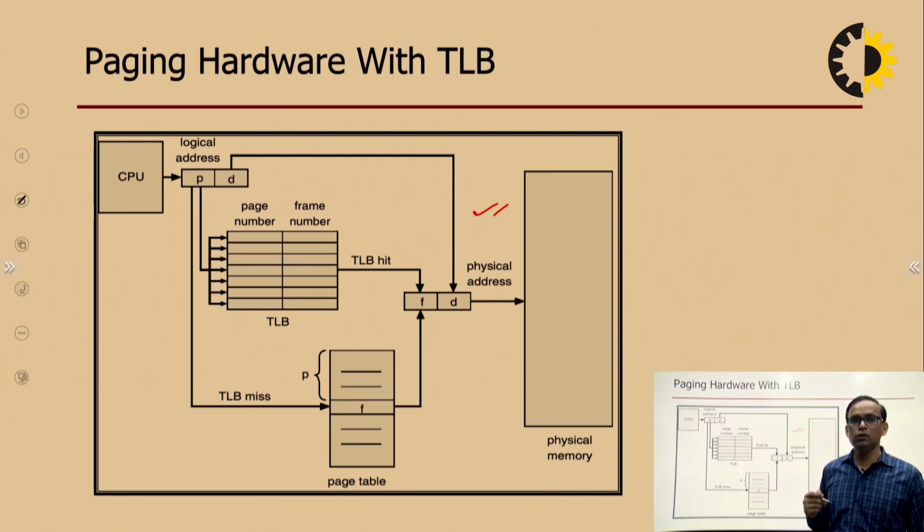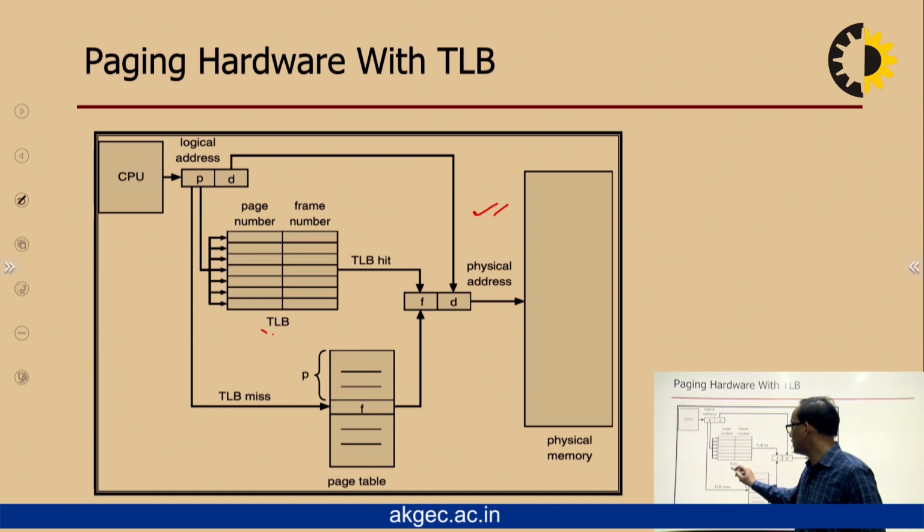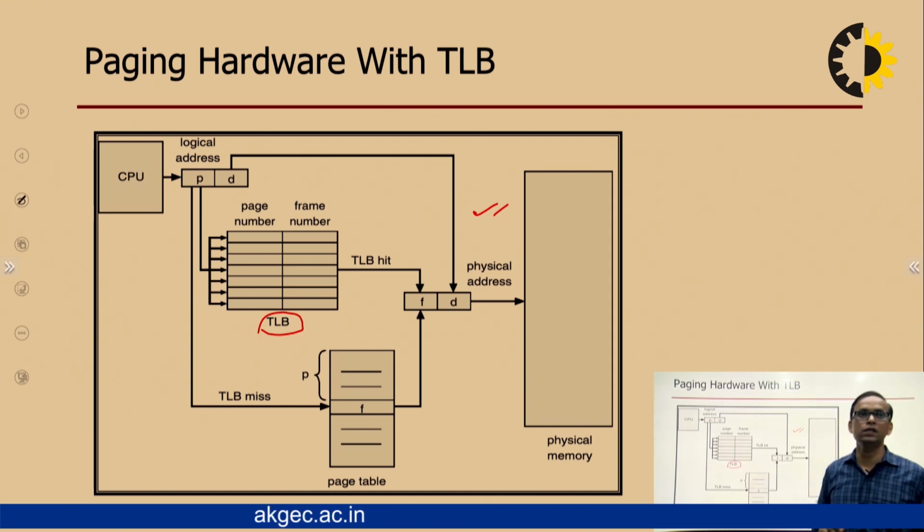Whenever the CPU wants the instruction of some frequently accessed logical address, since the time taken to access main memory is more as compared to the time taken to access cache or associative memory, we will store those addresses for which the CPU submits requests again and again in a separate associative memory. This associative memory is known as the TLB, translation lookaside buffer.